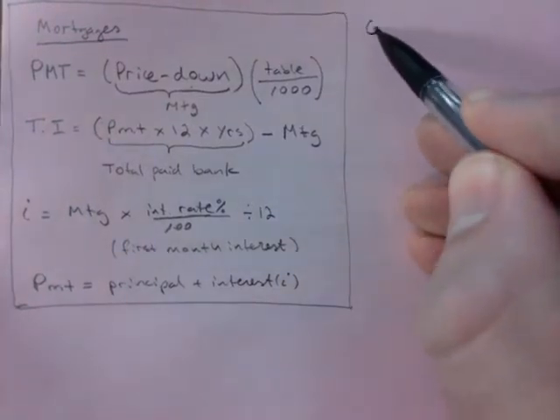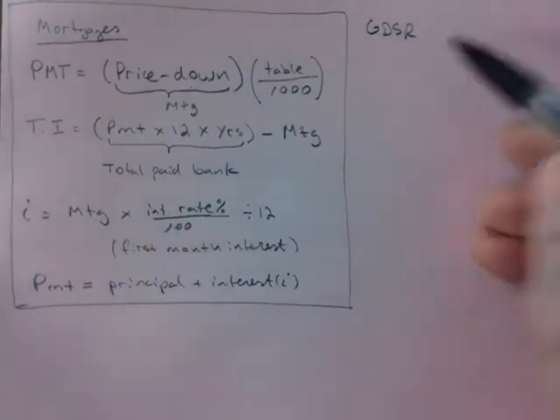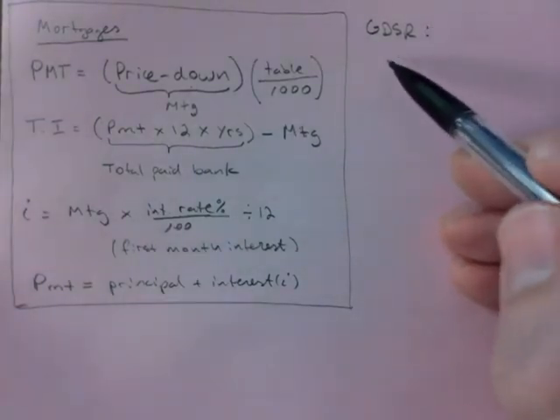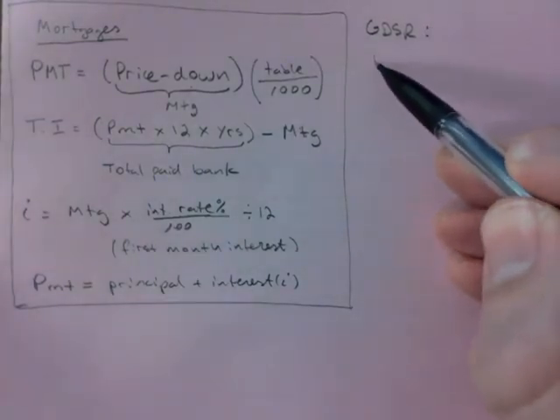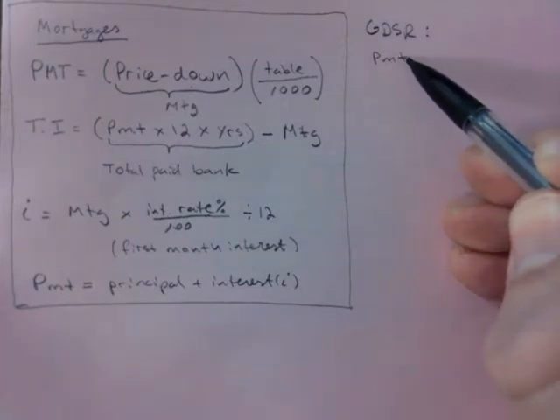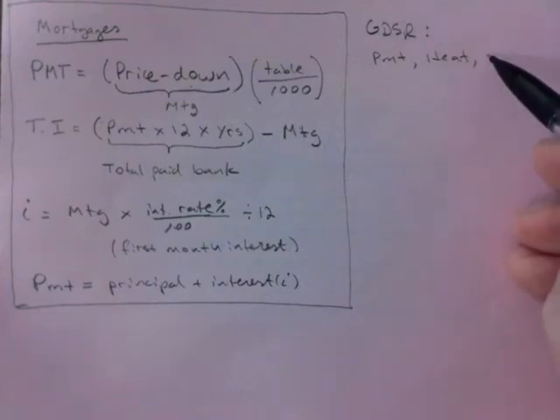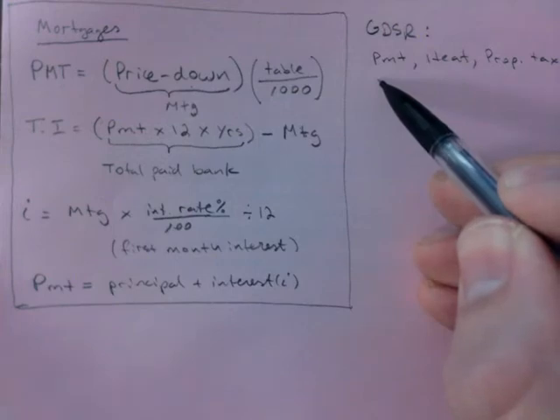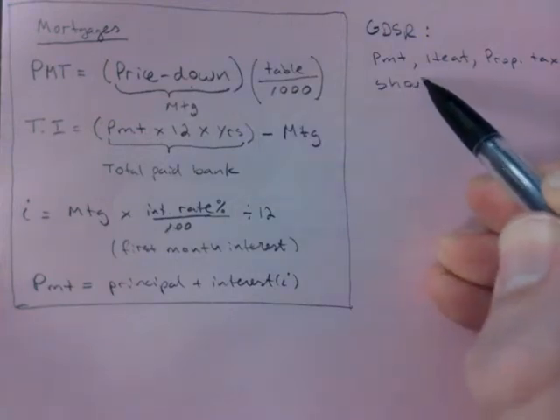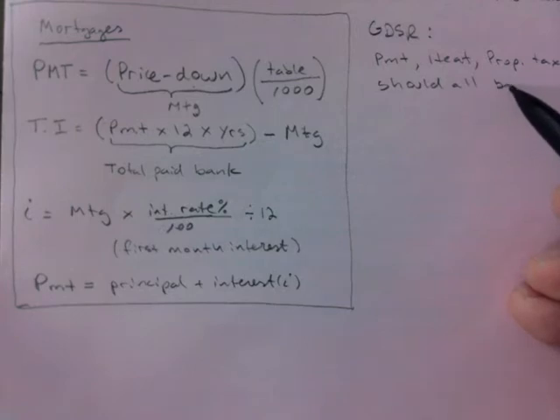Maybe I'll talk about GDSR. You need the payment, heat, property tax, and income, which should all be in monthly amounts.